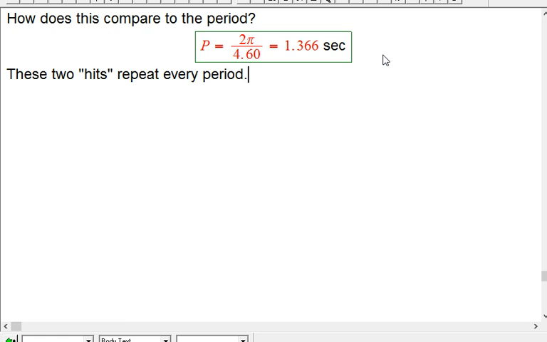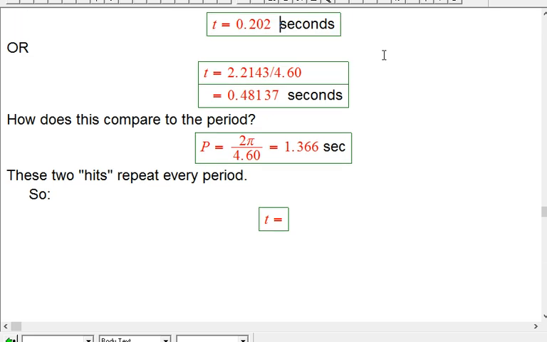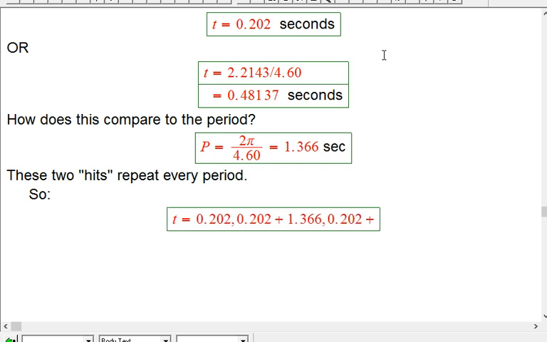Okay, so we're going to get t equals, let's look at the one seed value, 0.202. Well, that's going to work, certainly, plus 1.366, and then plus another 2 times 1.366. But we only wanted to go up to t equals 2, so that's really not going to be necessary.